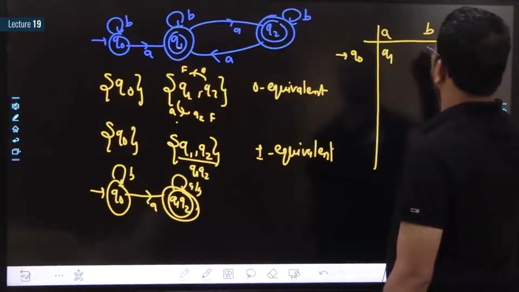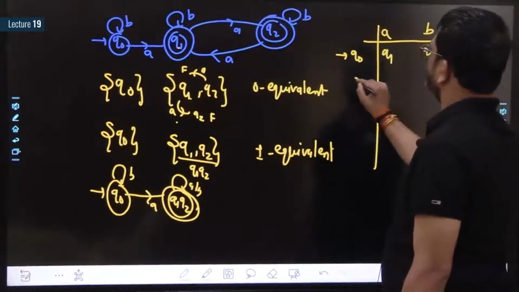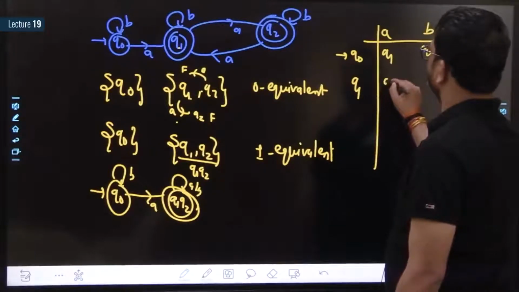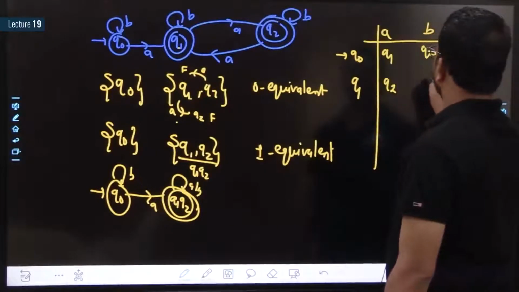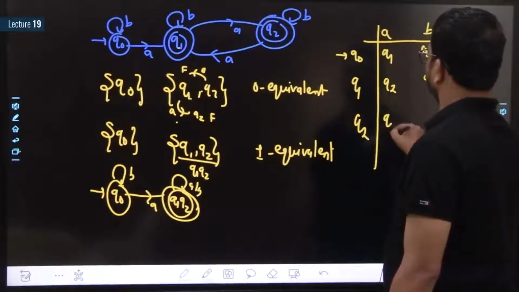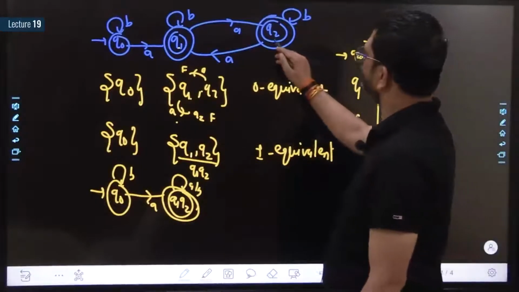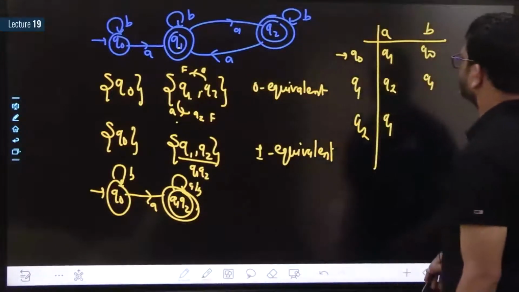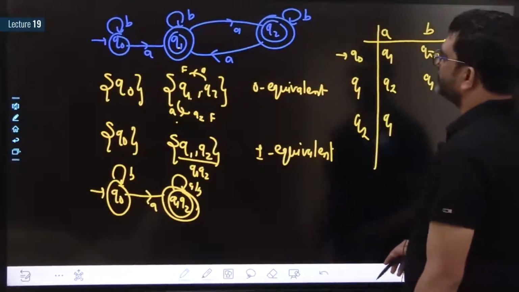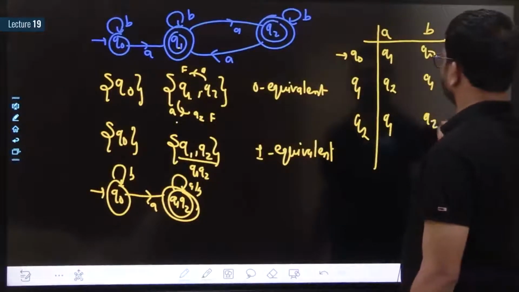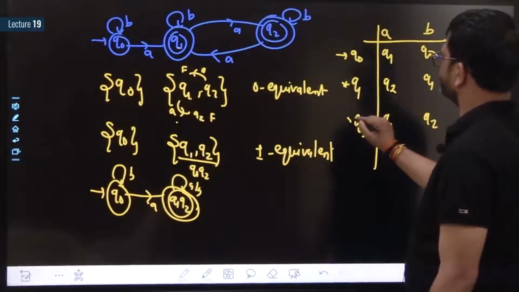Q0 on B, Q0. Q1 on A, Q2. Q1 on B, Q1. Q2 on A, Q1. Q2 on B, Q2. See, these are the two final states.